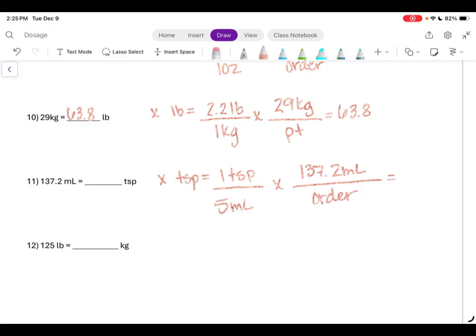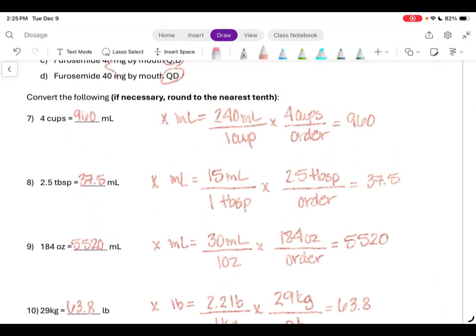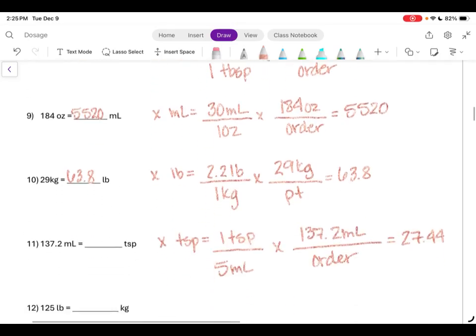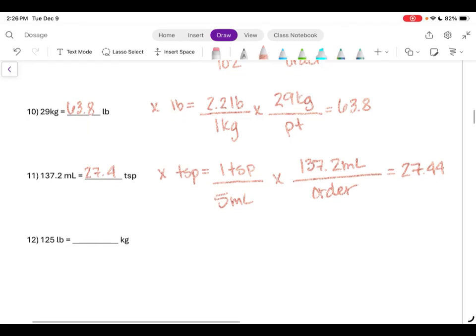Okay. So then we'll just divide 137.2 by 5. And we get 27.44, right? But up here, if you remember, I said if necessary, round to the nearest tenth. So I'm just gonna leave my answer as 27.4. Okay.